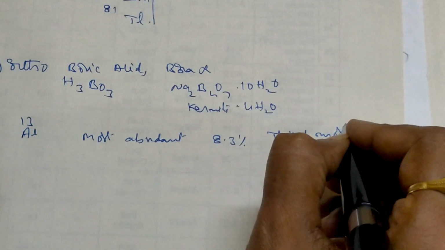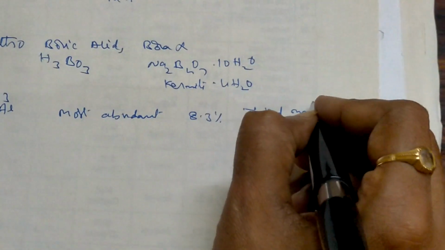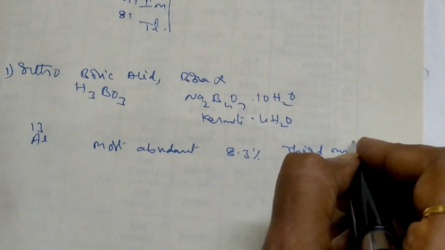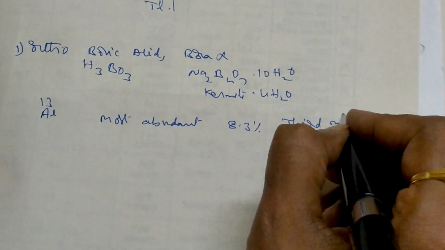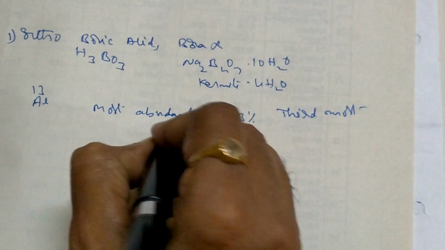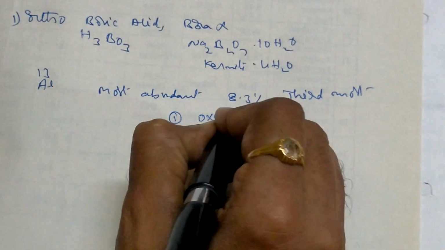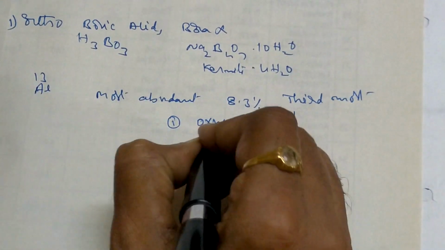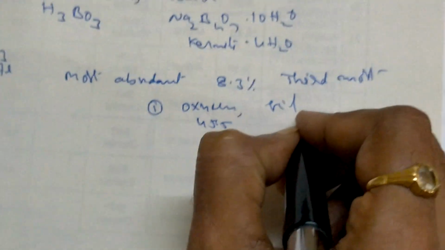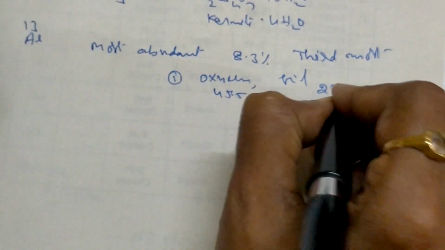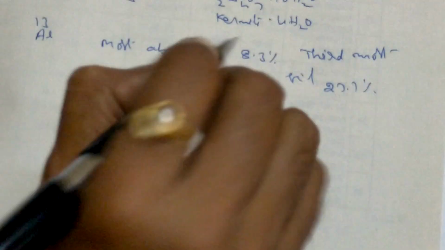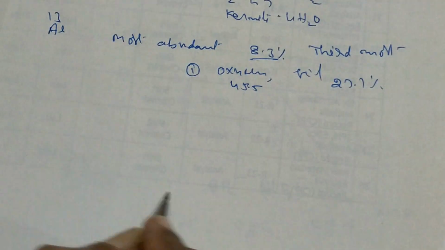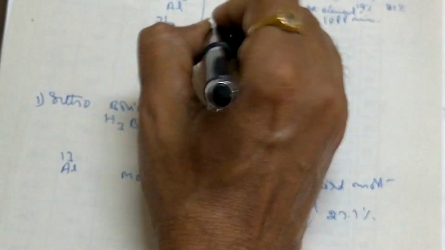First is oxygen, around 45%. Then silica, around 27.7% or 28%, and then this is 8.3% more abundant.